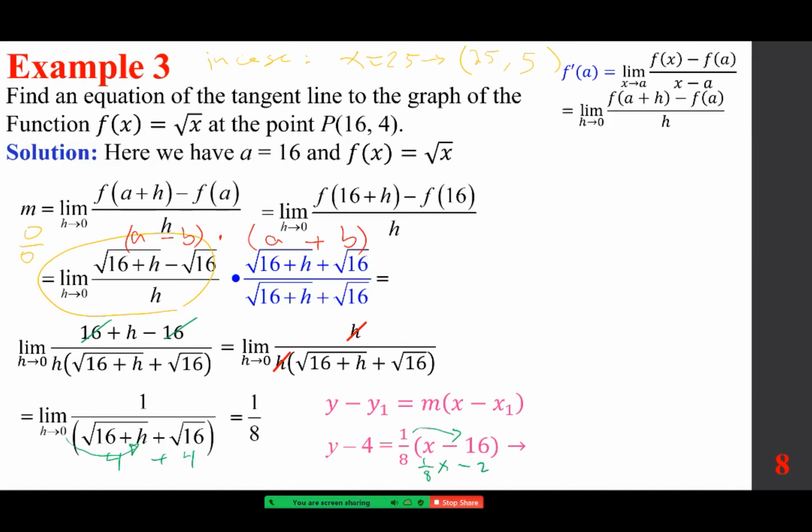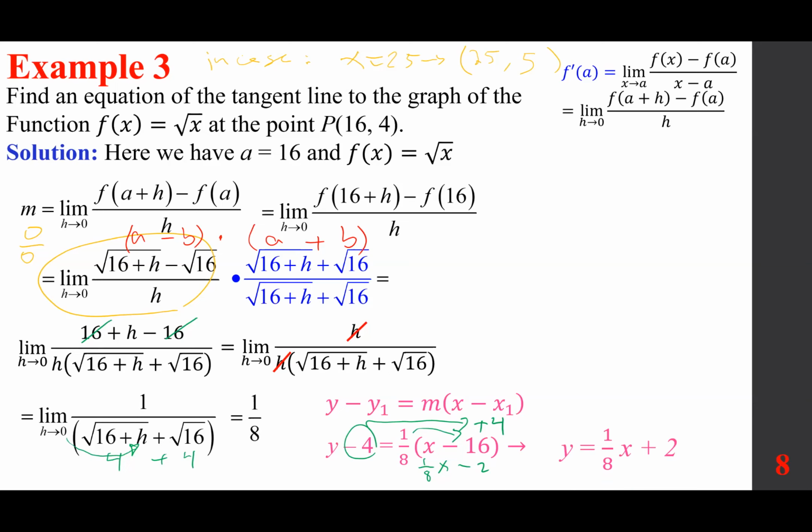We get 1 over 8x minus 2. We move the negative 4, make it positive 4 on the other side. We add 2 to negative 2 and we get positive 2. And this is the final answer: y equals 1 over 8x plus 2.